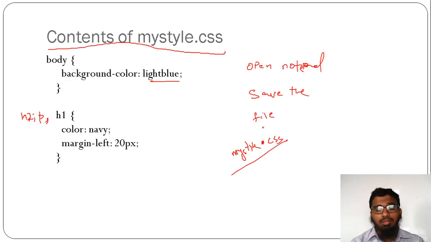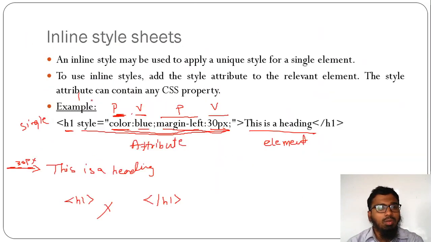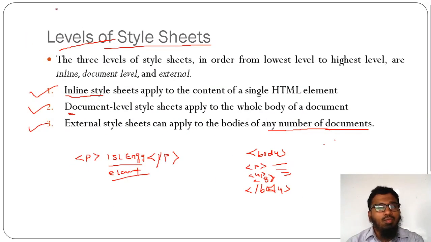Next one is the type of selector. Before going to the types of selector, I will quickly review. We have the three levels of style sheet. First, the style sheet is used to decorate the HTML code for a good appearance.